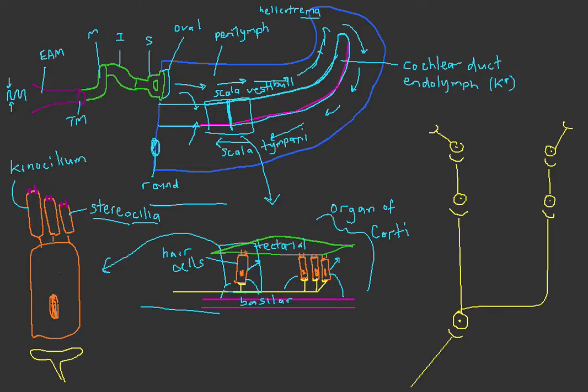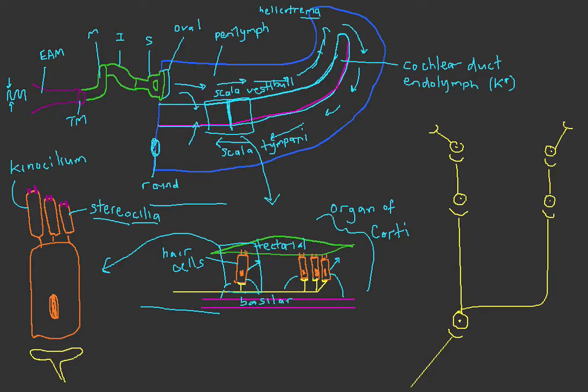And because the basilar membrane is vibrating, these stereocilia that are attached to the tectorial membrane are going to move as the hair cell moves. So they're going to slide back and forth depending on if the basilar membrane is activated or not.